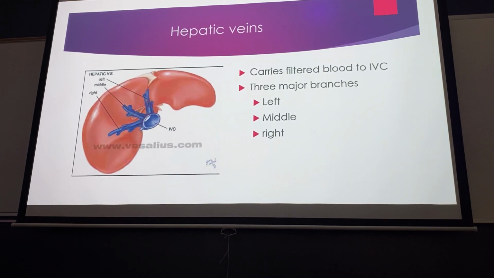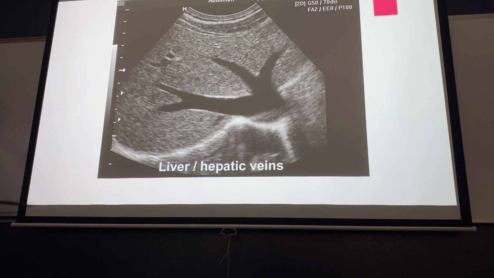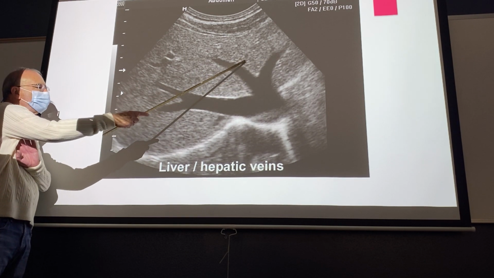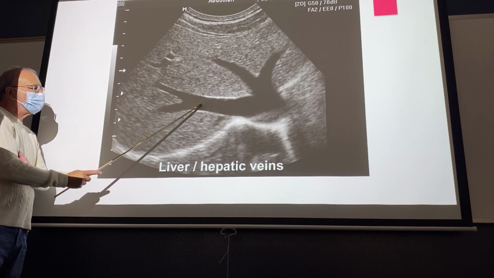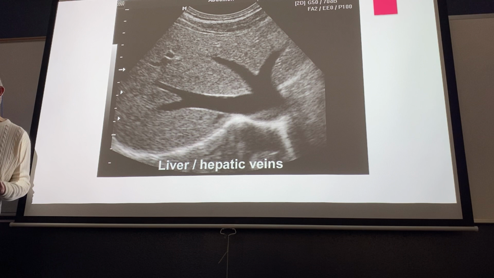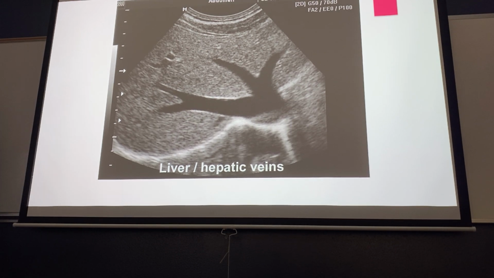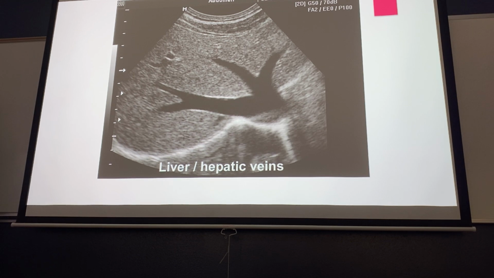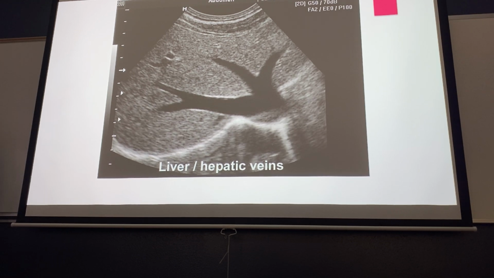When you look at it through an imaging perspective, this is an ultrasound, what you see in part is the left, middle, and the right. Here's your IVC over here. So the rule we follow is that vessels that are traced back to the IVC have to be hepatic veins.